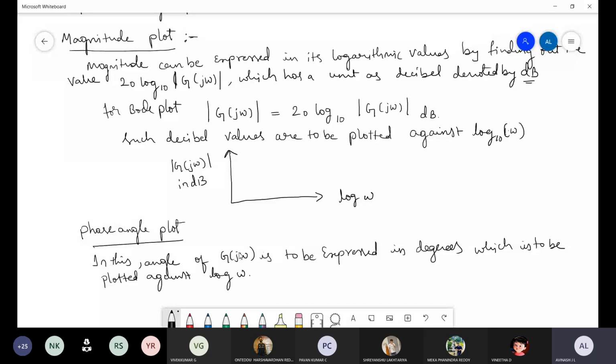So here also in the x-axis we take log omega, but in the y-axis we take the angle in terms of degrees.